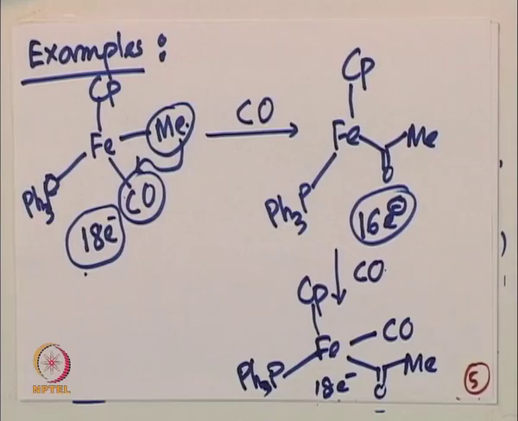So, what you have seen in this case is an iron organometallic intermediate having 18 electrons, and you are reacting this with carbon monoxide. Nothing happens in the first place with the carbon monoxide from outside, but methyl will migrate at the metal center to the carbon monoxide at the alpha position to give you that acyl intermediate.